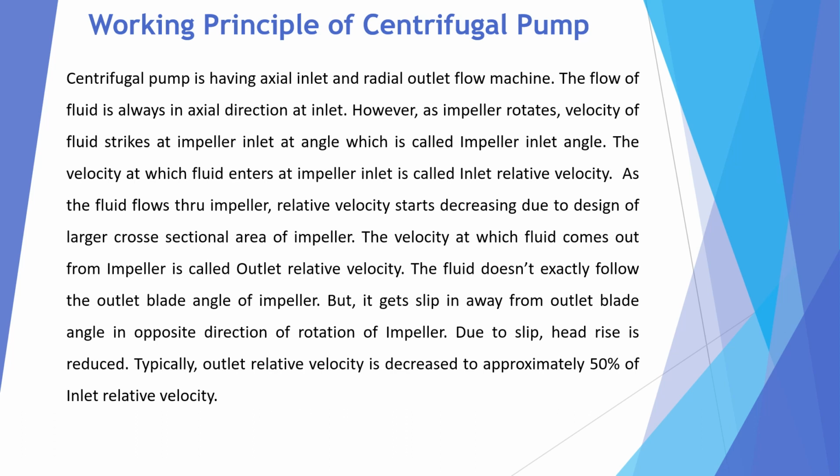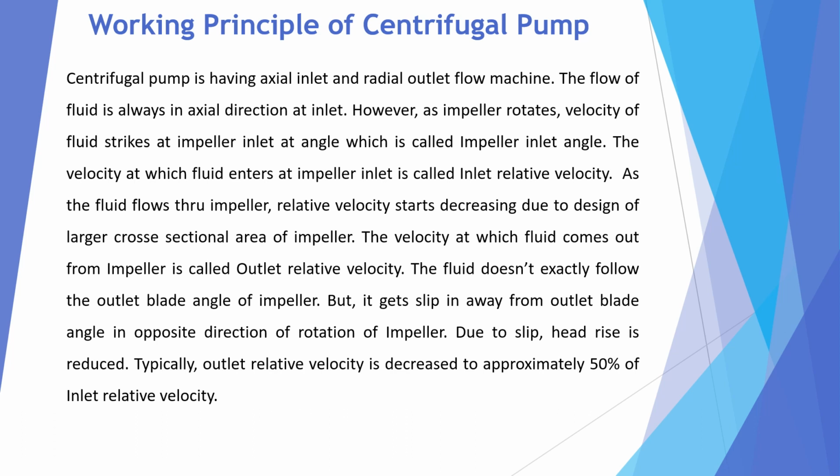The velocity at which fluid enters at impeller inlet is called inlet relative velocity. As the fluid flows through the impeller, relative velocity starts decreasing due to the design of larger cross sectional area of the impeller. The velocity at which fluid comes out from the impeller is called the outlet relative velocity.